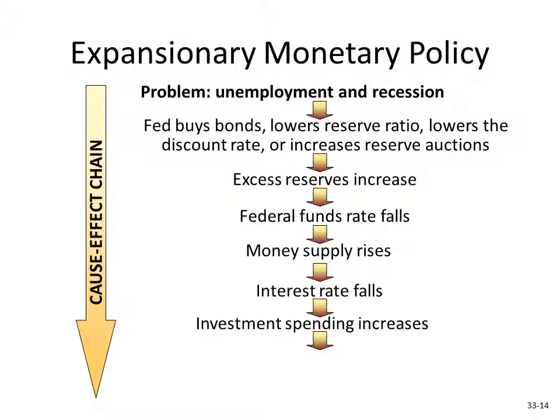So at much lower interest rates, there are significantly more projects where the expected rate of return would be greater than the real rate of interest, right? Finally, increased investment spending shifts aggregate demand to the right, and the increase in aggregate demand, of course, increases real GDP.